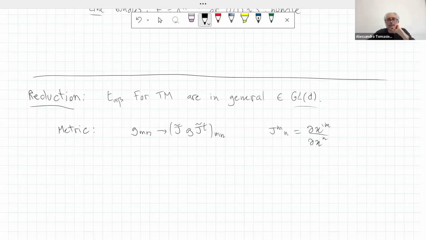But now for us, from one open set to another, we are given how the g beta is obtained from the g alpha.